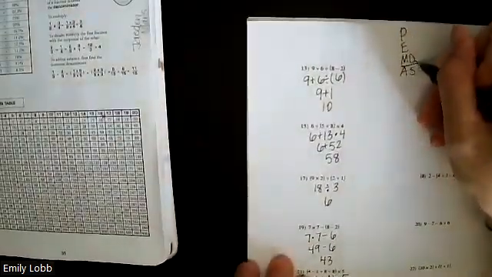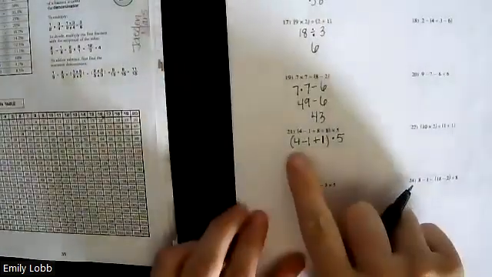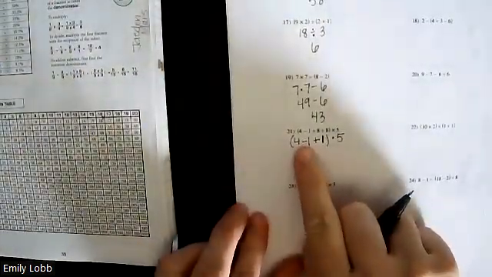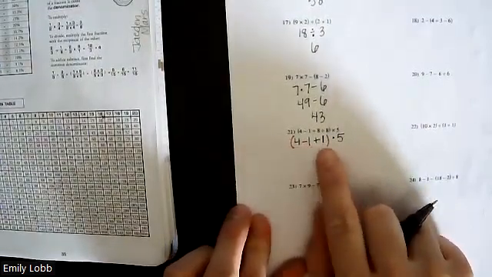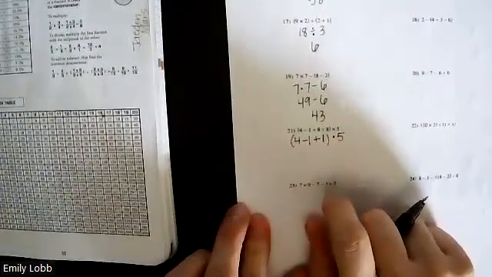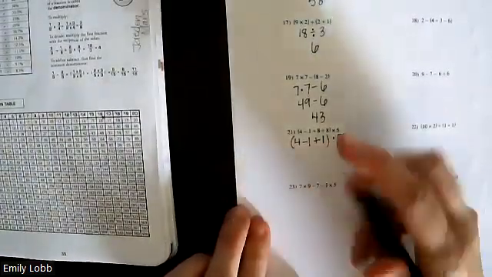Remember, we add and subtract from left to right. So what comes first when I'm reading it? Addition comes first? No, subtraction comes first from left to right. So what's 4 minus 1? 3 plus 1 is 4.